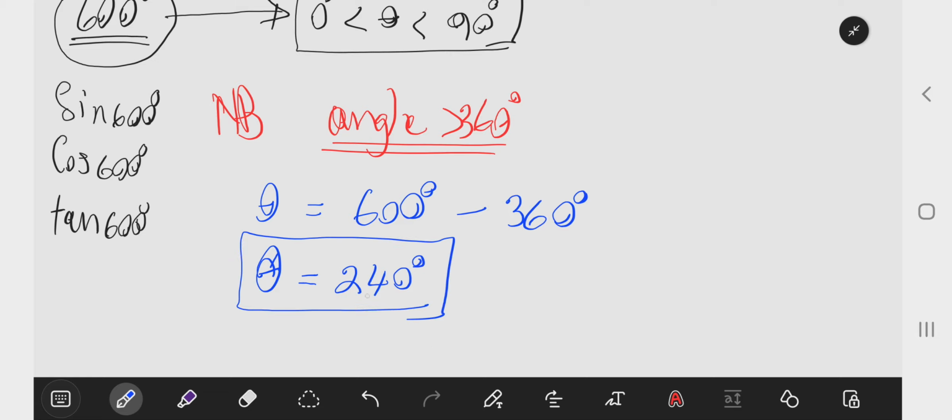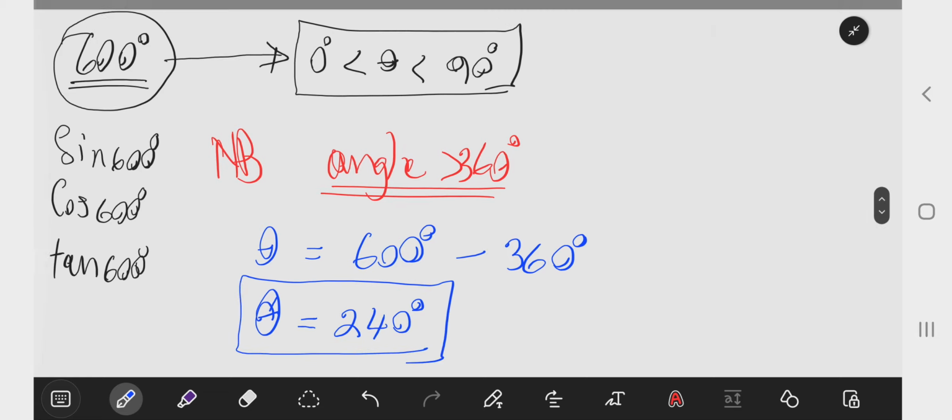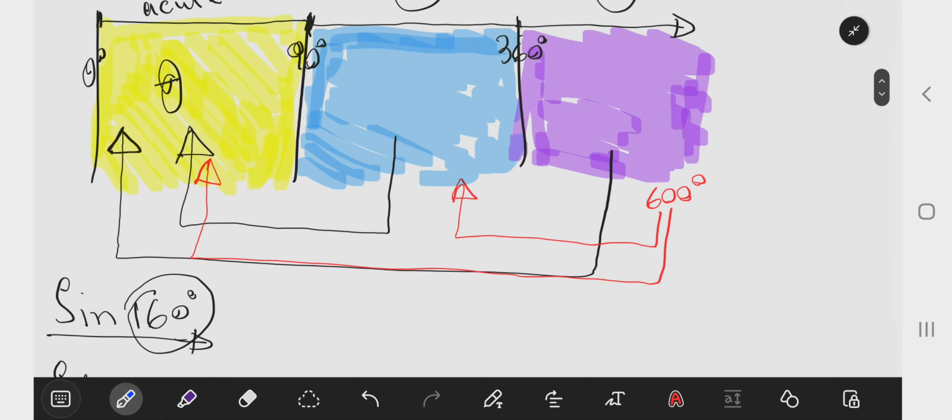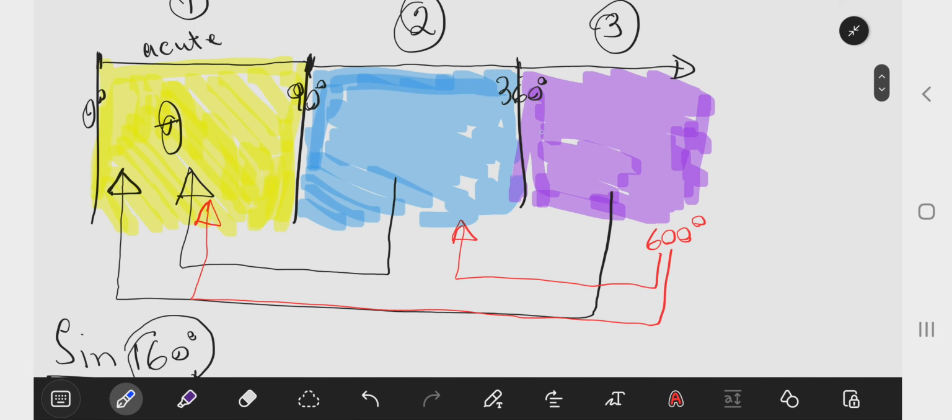So we took this angle from the third region, which is a region greater than 360, and the general rule is that you just have to subtract 360 from that angle in order to reduce it into the second region or the first region.